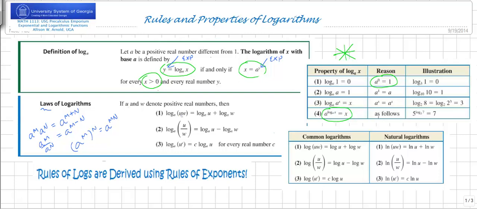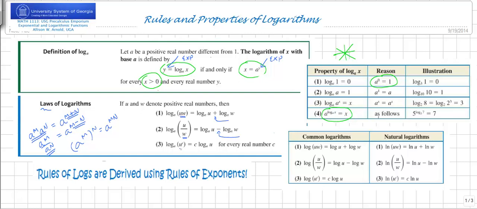So therefore, the log of a product is the sum of the logarithms. That's analogous to when you multiply like bases, you add exponents. The log of a quotient is the difference of the logarithms, analogous to when you divide like bases, you subtract the exponents.